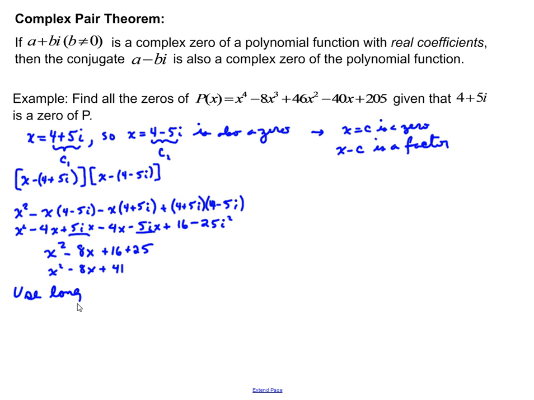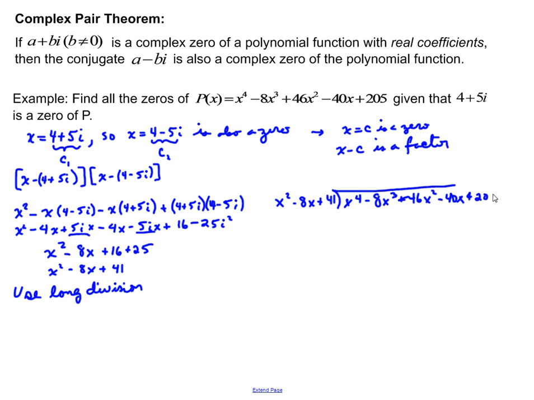So let's do our long division here. And let's find out what should happen. In long division, x squared minus 8x plus 41 divides into x to the fourth minus 8x cubed plus 46x squared minus 40x plus 205.